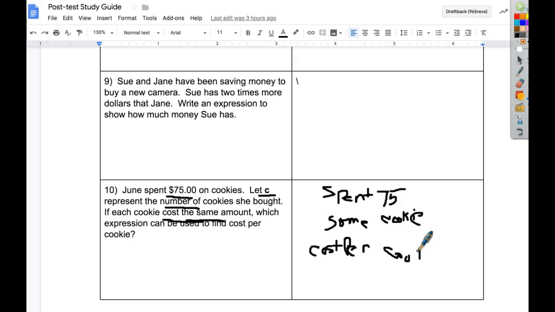Well, if I know the total amount and I want to know the cost per cookie, I'm going to have $75 divided by C. Okay, and then that's going to be the expression that I can use to help me find cost per cookie.